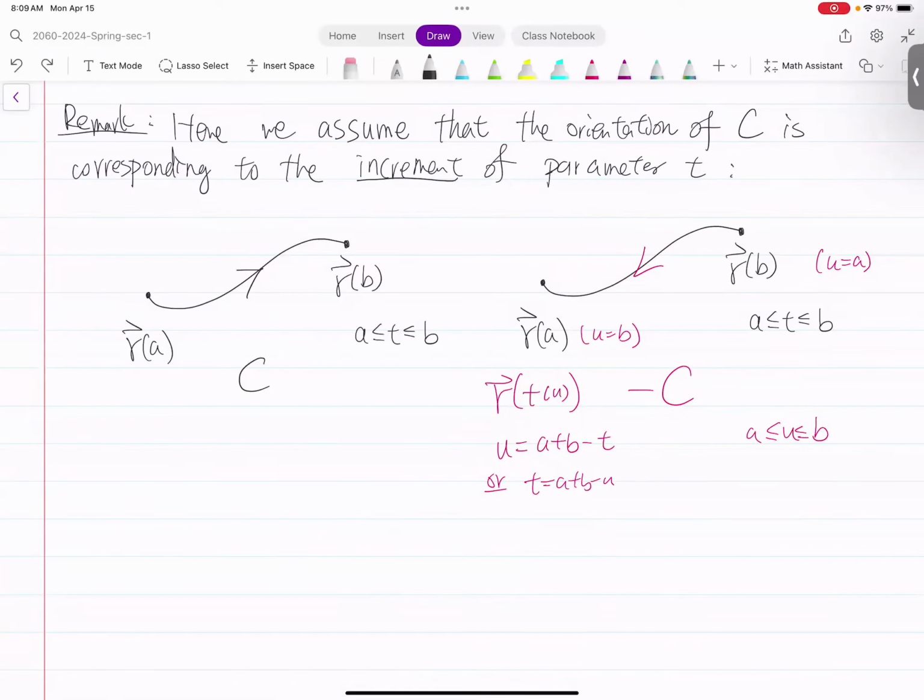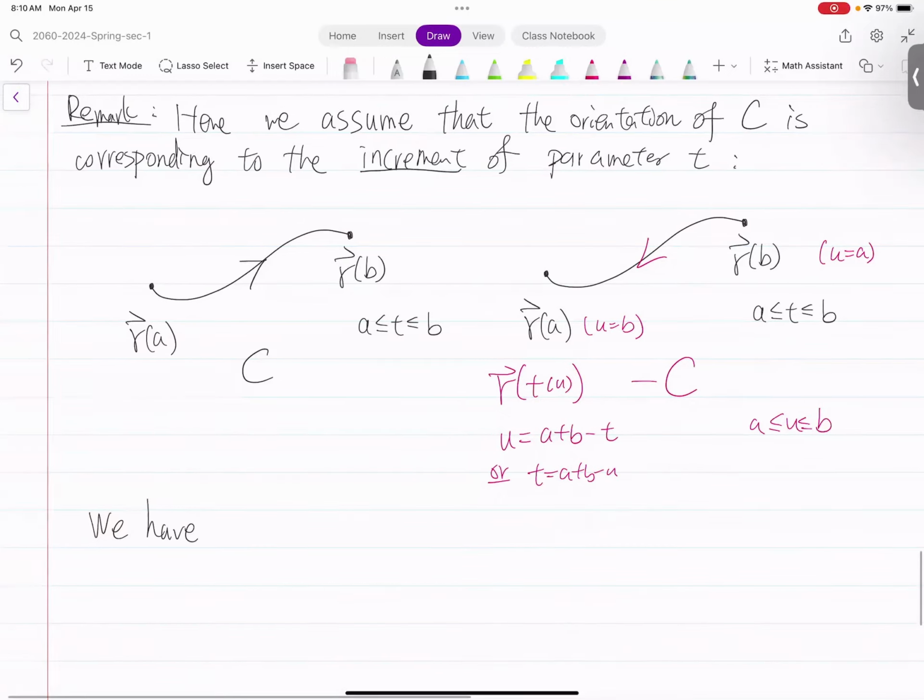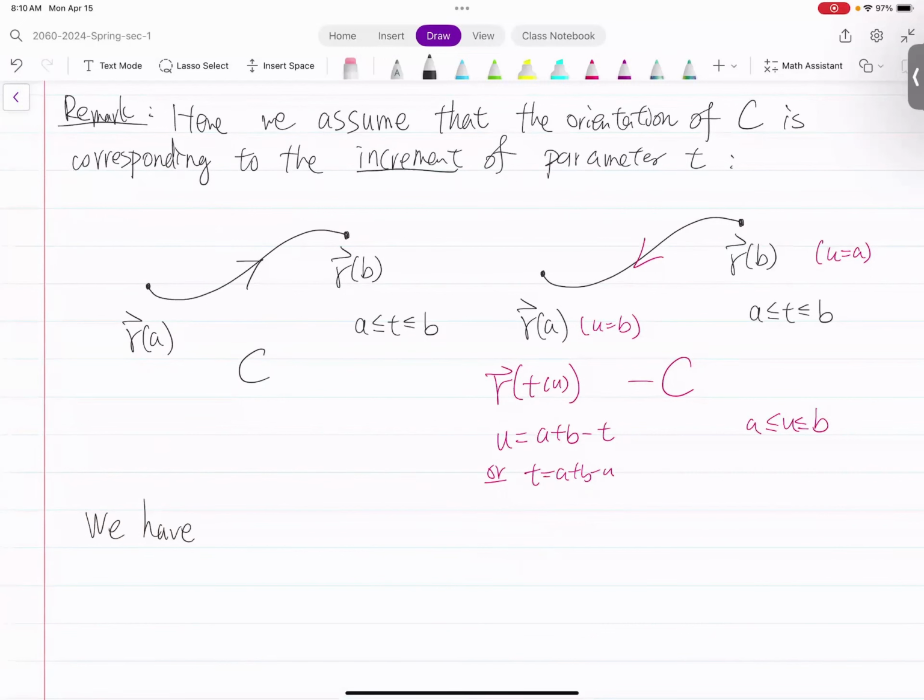So basically, we can expect that if you choose the opposite orientation, then you will negate the sign. So if you go along negative curve C, the force field will stay the same, but dr is opposite.